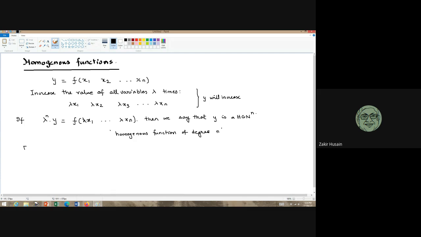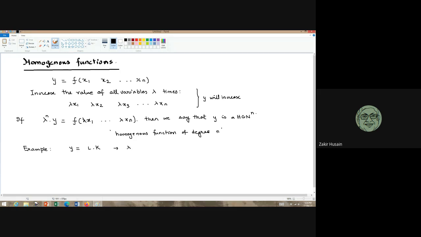So let me give an example. Suppose y is equal to L k.